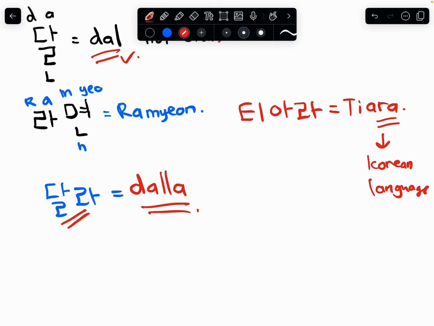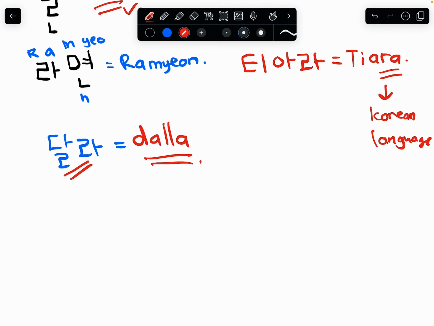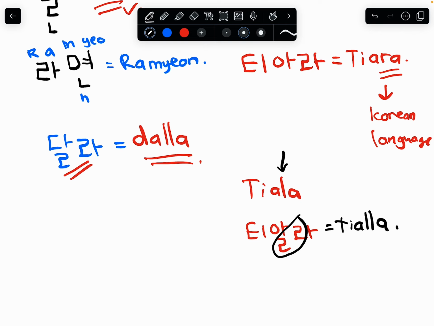But if, for example, instead of Tiara, your name is Tiala, usually we will write like this. So if your name has L in the middle, you put it like this, and the sound will be Tiala. If you put it the other way, people will say tiara.